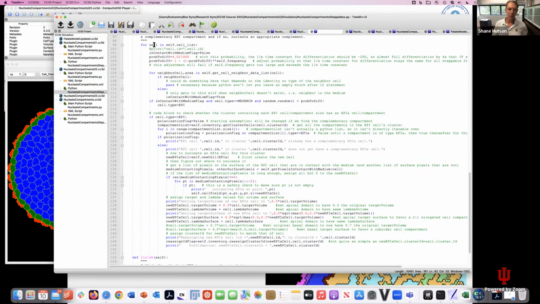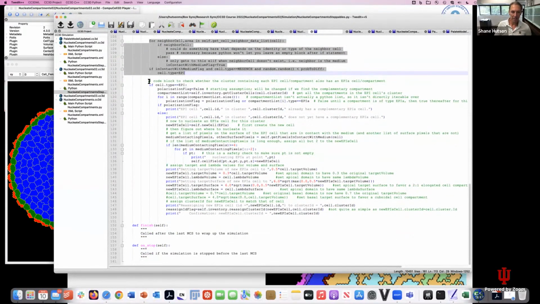All right, so we're looping over every cell in the cell list. We define the flag and the probabilities differentiate just as we did before. This first part, this little for and this if statement here, determines whether we should differentiate cells from mesenchymal to epi. It's exactly what we had before.